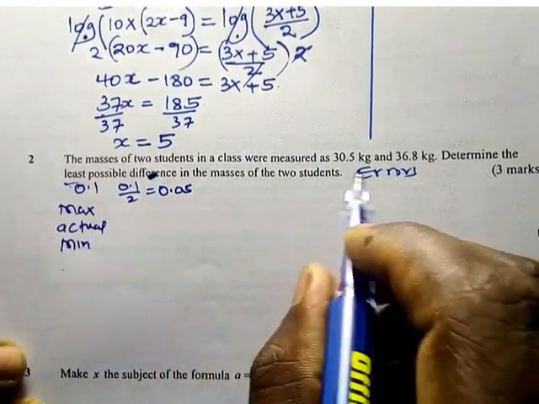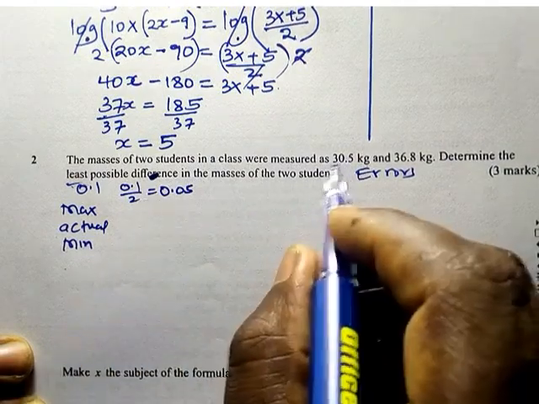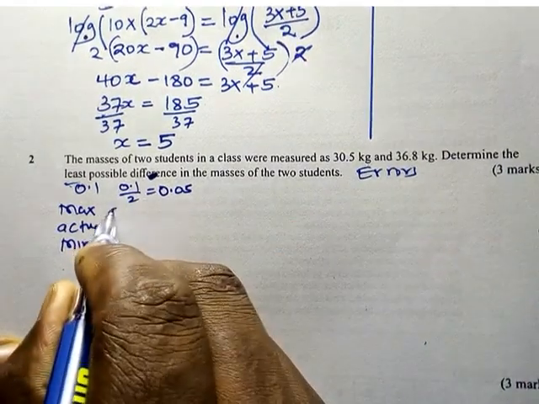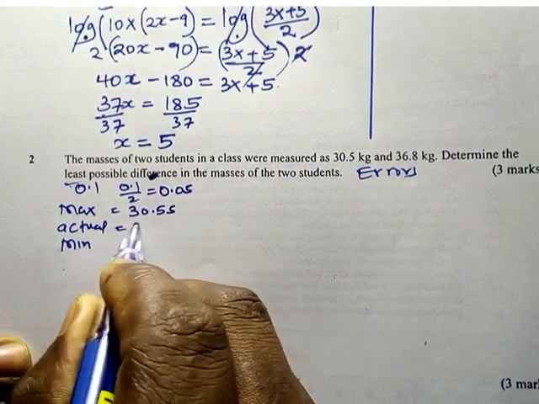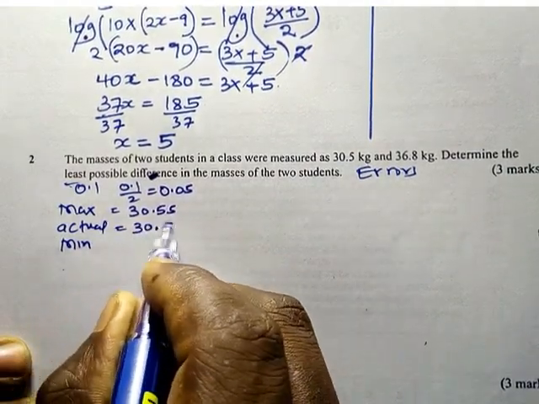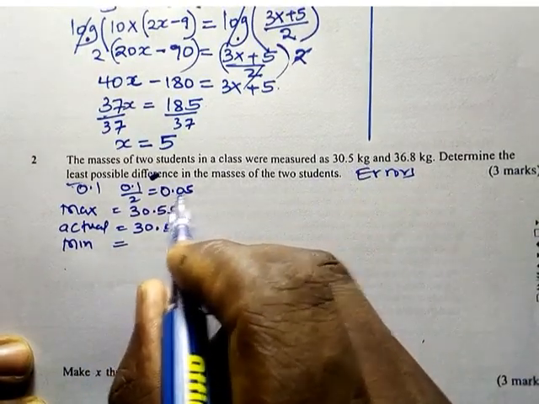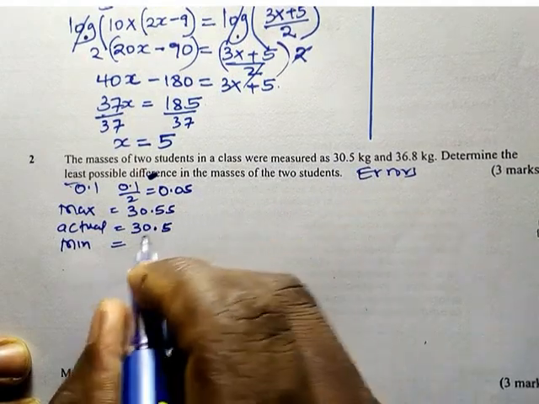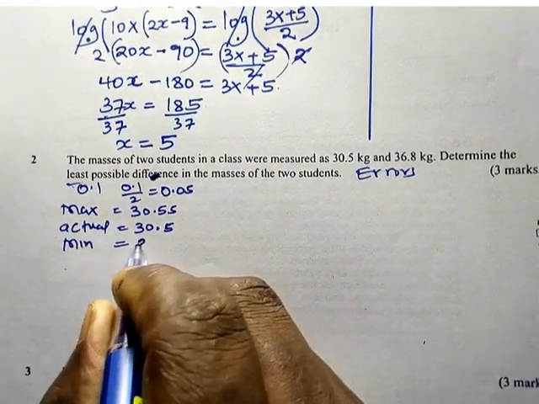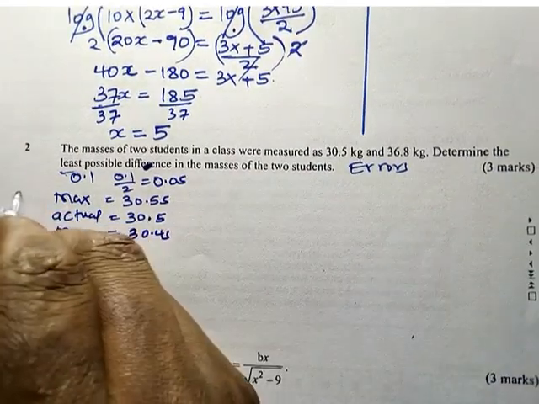The maximum for the first student, 30.5, we add 0.05, so we have 30.55. The actual was 30.5. For the minimum, we subtract the absolute error: 30.5 minus 0.05 gives us 30.45. This is for student 1.